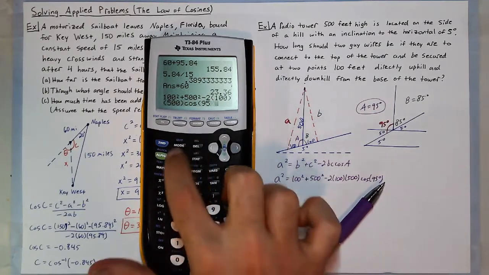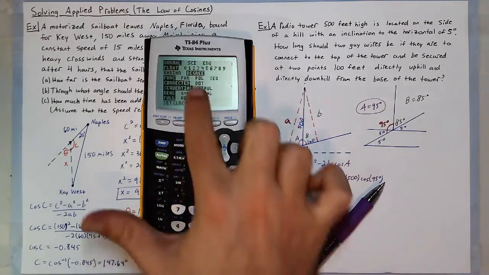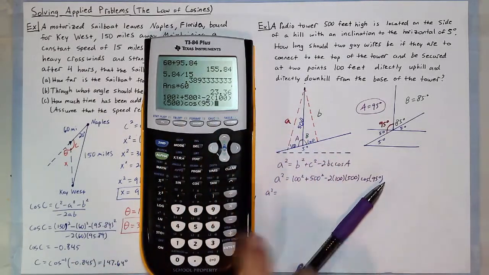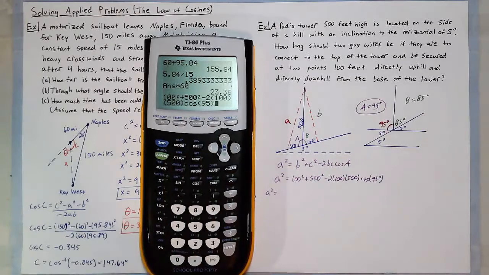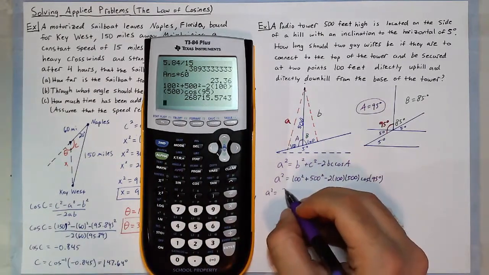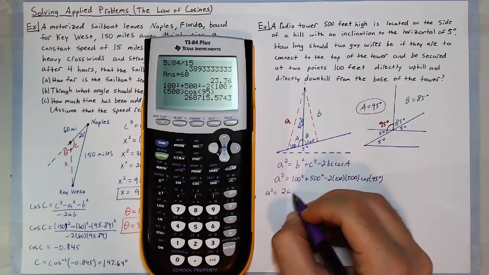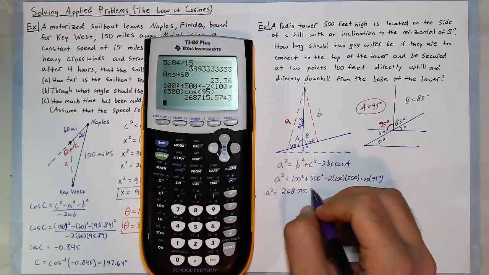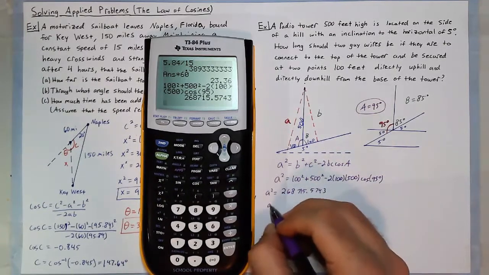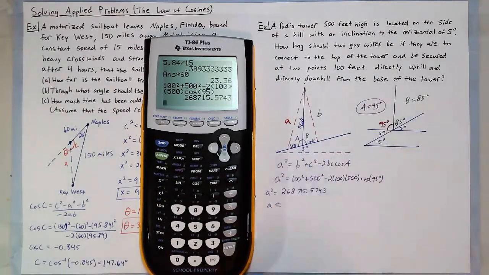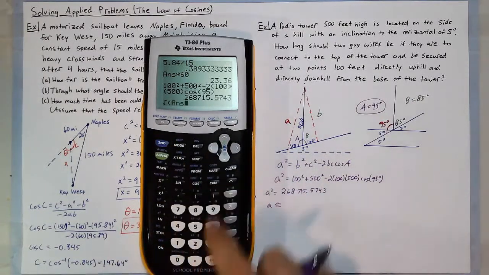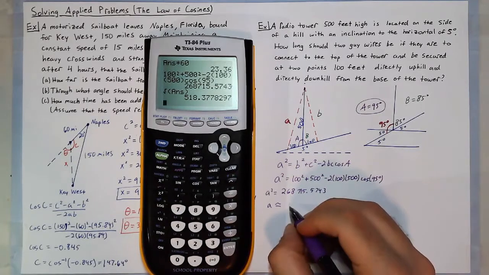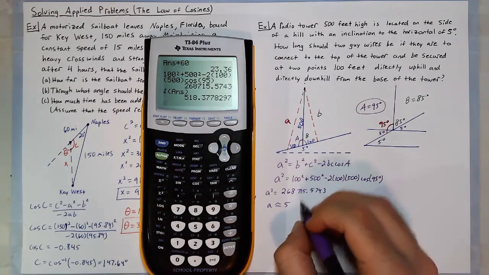And just to double check that I'm in the correct mode, I am in degree mode, so I'm doing all right. 95 degrees gives me 268,715.5743. Take that square root, and I'll learn that the length of the A side will be 518.38 feet.